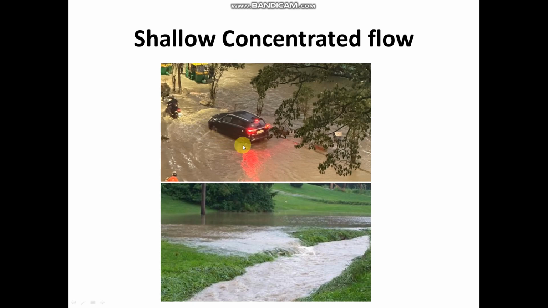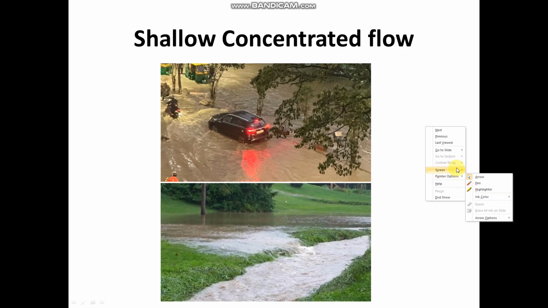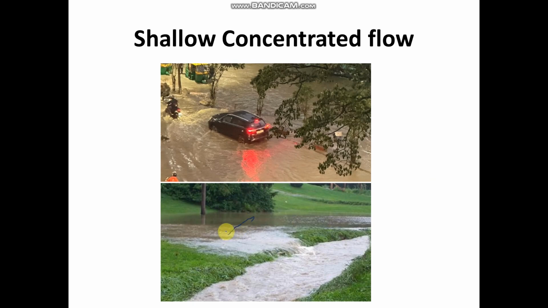So you can see the tires of this vehicle or car are partly inundated in the first picture. In the second picture, you can see overland flow which is draining to this channel, the ditches or a channel. If I use this pen tool to mark it, this is my shallow concentrated flow or overland flow which is traveling and reaching this channel.